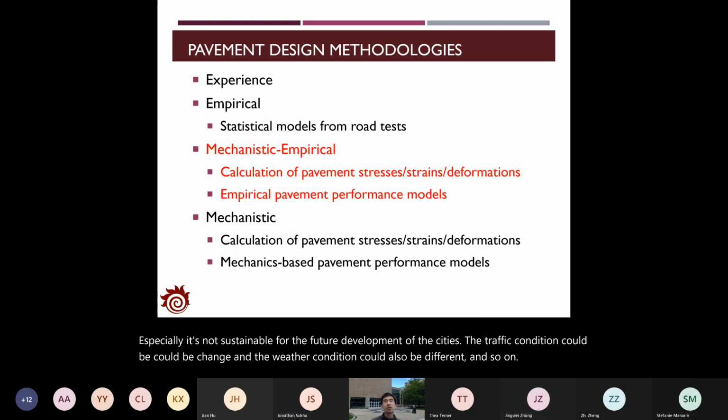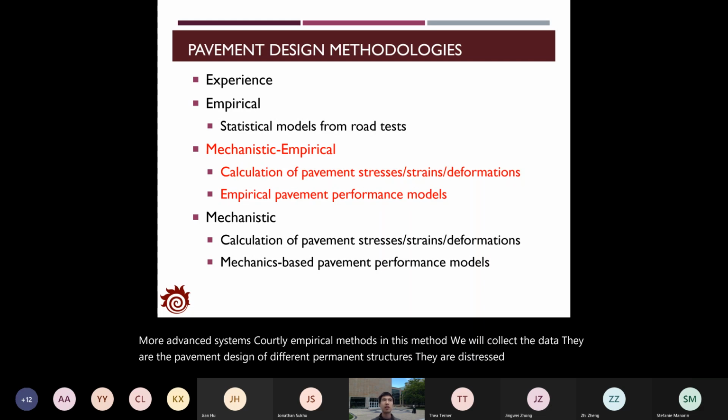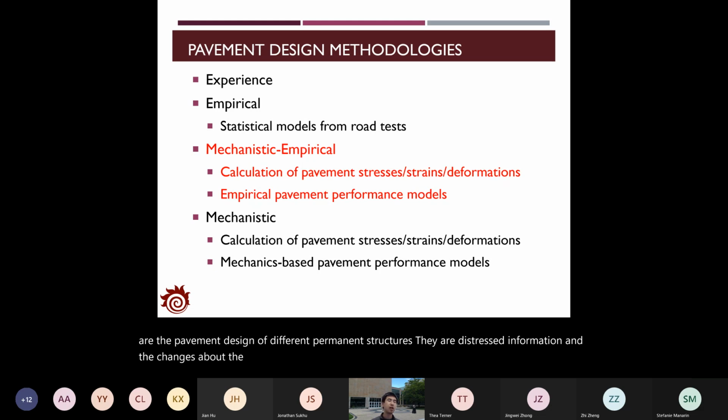A more advanced system is called the empirical method. In this method, we collect data: the design of different pavement structures, the distress information, and the changes of the pavement layers over time. All this information is collected, and we also do some tests on the material properties.